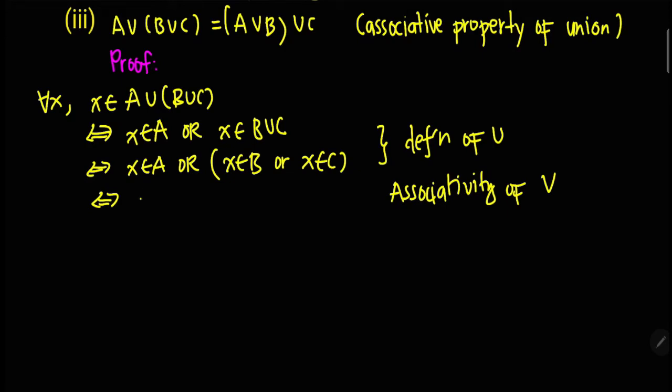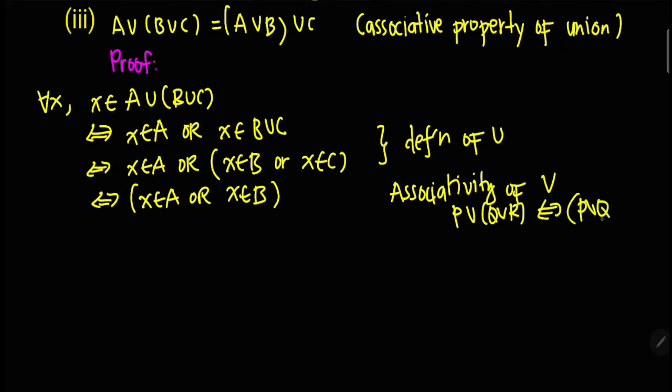It means we can change the grouping of the logical operation from x in B or x in C to x in A or x in B. You can think of them as three statements, P or (Q or R), which is the same as (P or Q) or R. So that's associativity of the logical operator or.